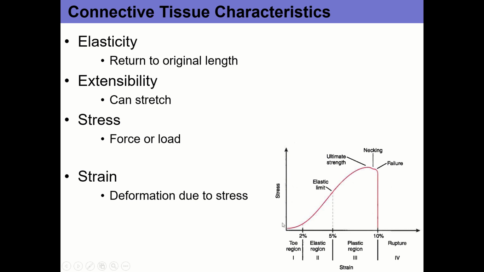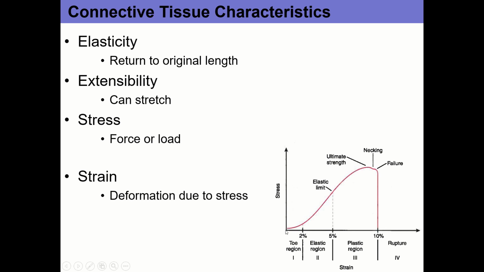What I've got here is what's referred to as a stress-strain curve. Stress is on the y-axis, strain is on the x-axis. What this means is that as we go up the y-axis, we're increasing the stress. We'll stick with the example of pulling a ligament apart. As we move up the y-axis, we're pulling apart harder and harder as we get higher.